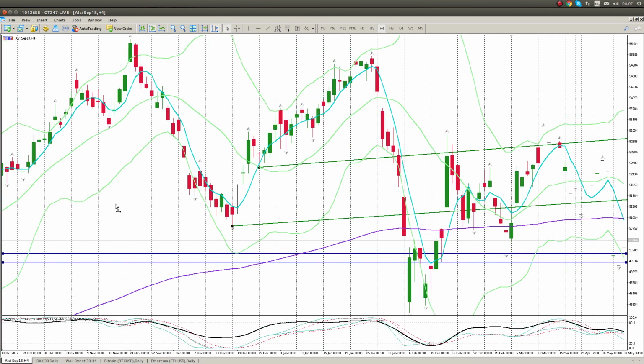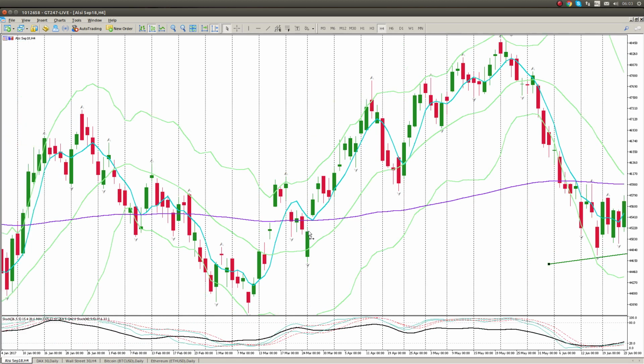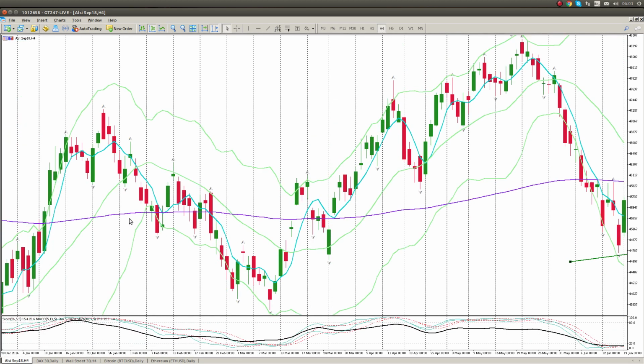Let me rephrase why it's important. It's important to the upside, because when it does happen to the upside, it indicates that there's a change in direction and we're moving to the upside. When it happens on the higher time frame to the downside, you can see it happened here.